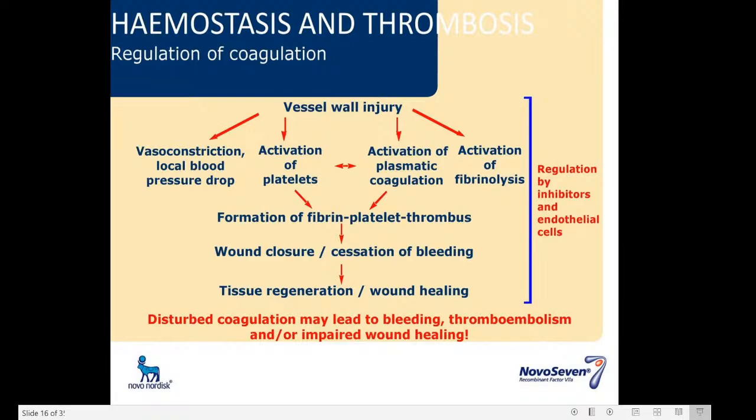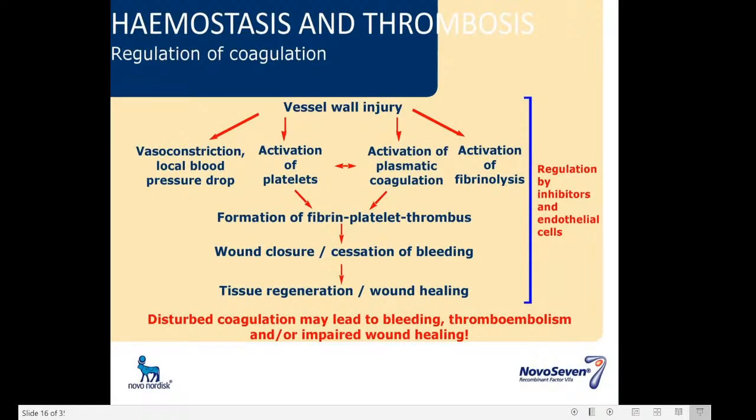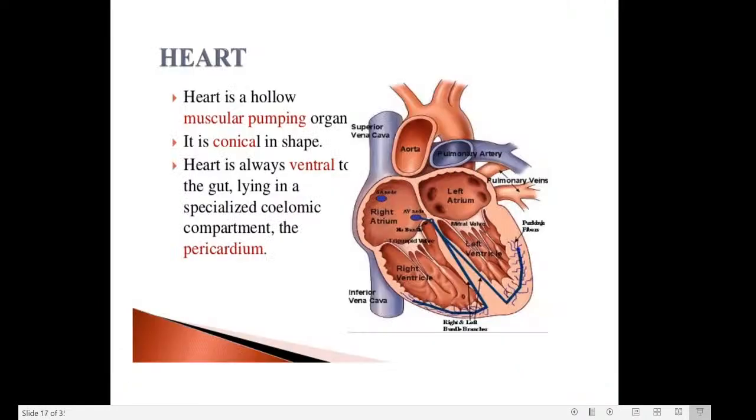Next is heart function. Previously we discussed the functions of the blood system; next we are going to discuss heart-related functions.